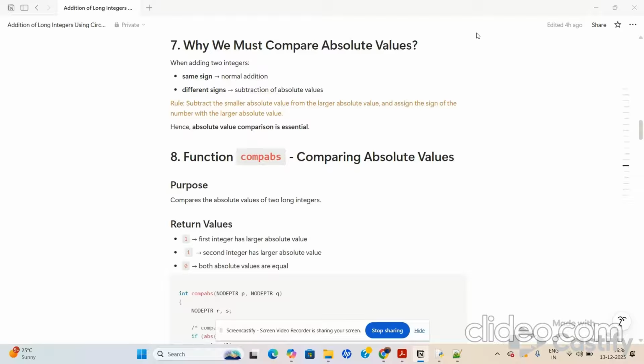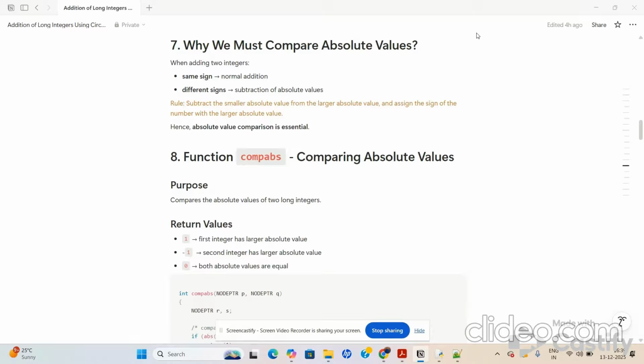If both numbers have the same sign, the operation becomes normal addition. But if the numbers have different signs, say one positive and another negative, then addition becomes subtraction. In that second case, you need to subtract the smaller absolute value from the larger absolute value and assign the sign of the number with the larger absolute value to the result.